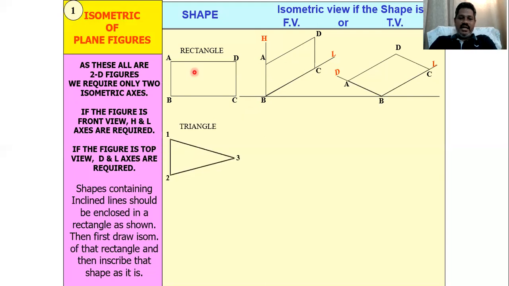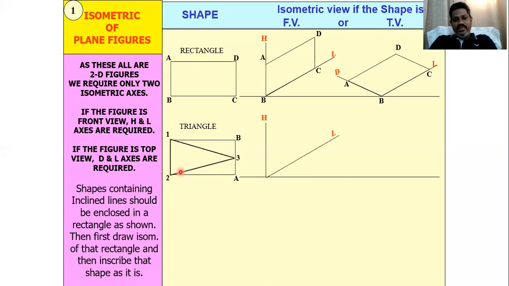Now I am taking a triangle here. This triangle I'm enclosing in a rectangle like this. Then draw a construction line, which will be the length of the triangle, at an angle of 30 degrees. Draw a vertical line, that will become the height of the triangle. Then represent these dimensions on this length and height.